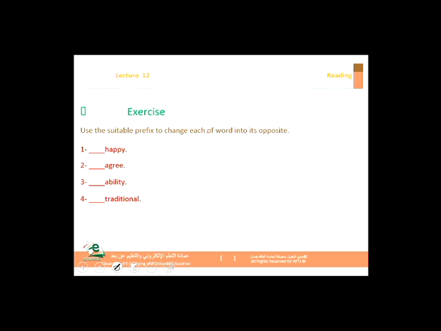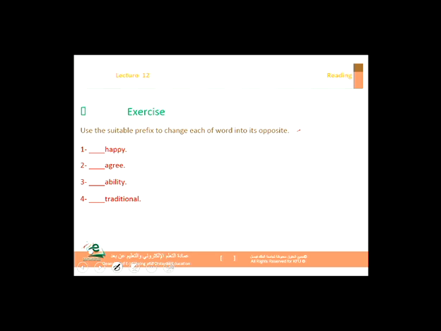Now let's look at this exercise. Read the words and try to guess which morphemes to use with each of these words. Use the suitable prefix to change each word into its opposite.